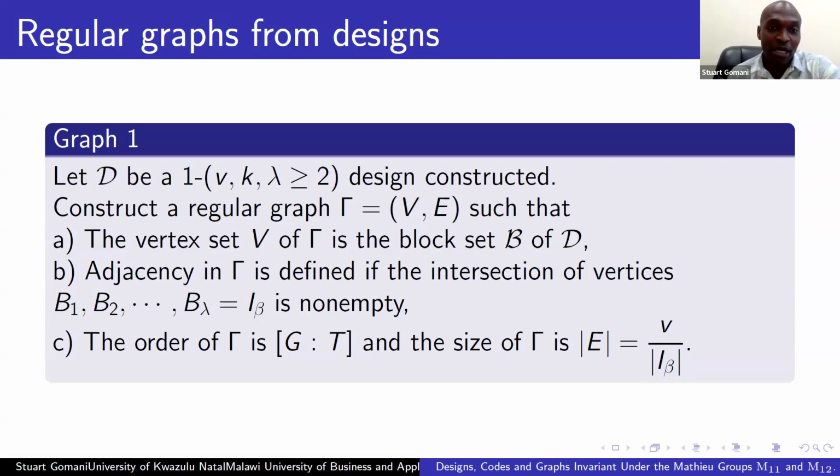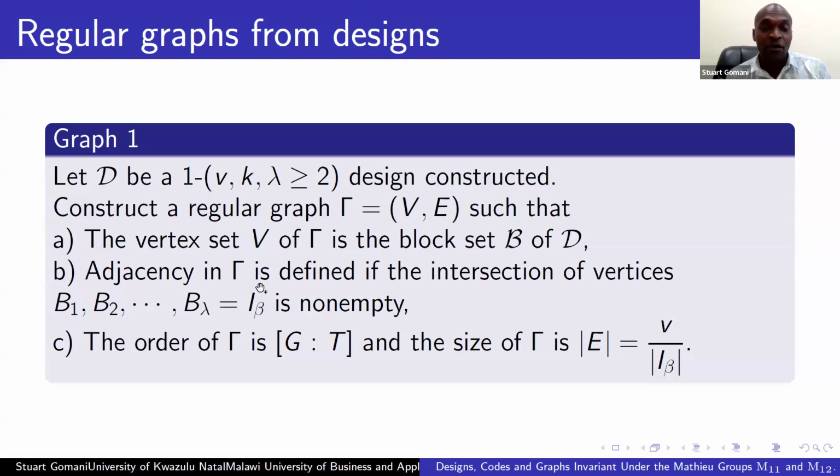And the first graph that we managed to construct was a graph based on a V K lambda design where lambda values are at least 2. So from that design, we construct a graph with vertex set V and edge set E in such a way that the vertex set of the graph is just equal to the block set of the design.